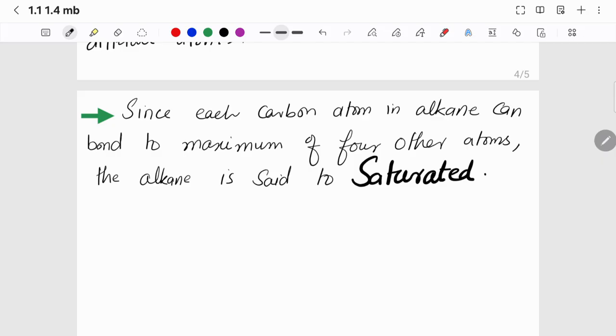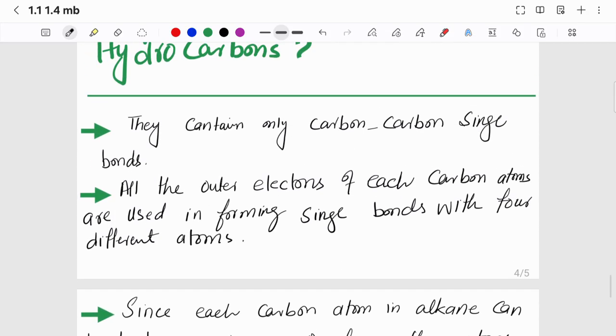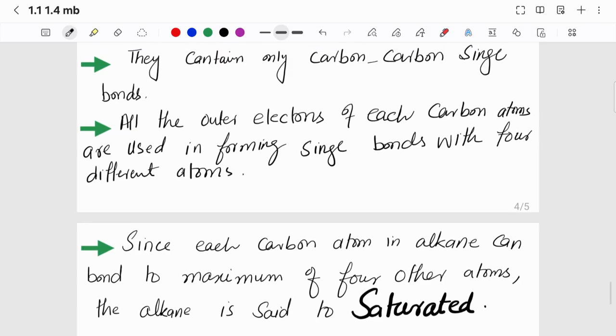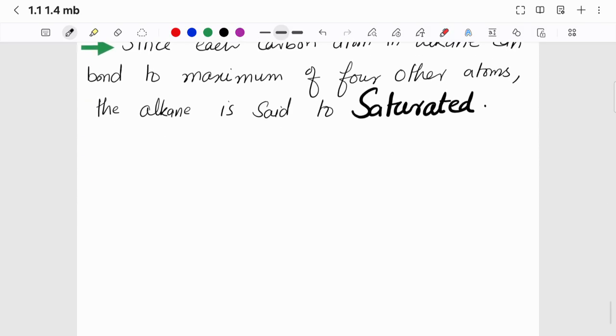I hope you understand this concept, and if this question comes in your exam, you can write exact these wording and you will get full marks, inshallah.